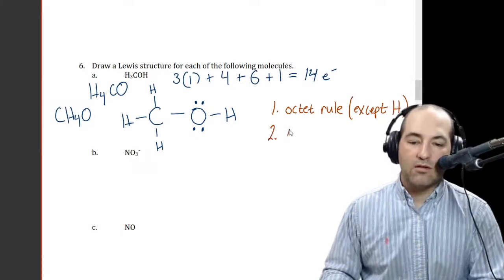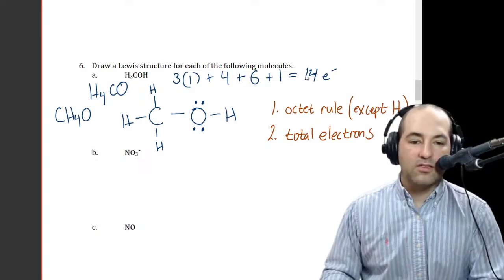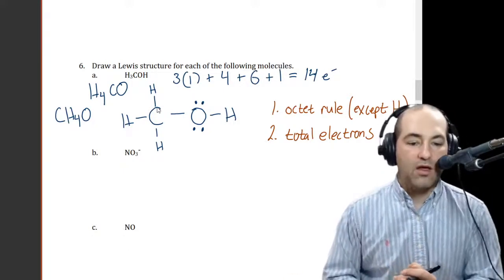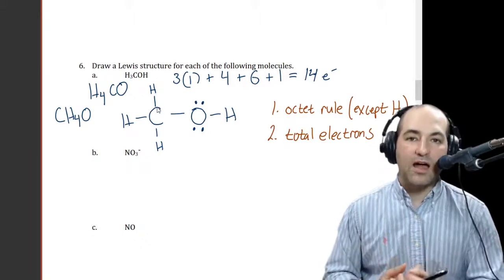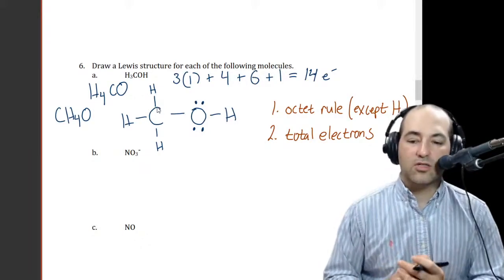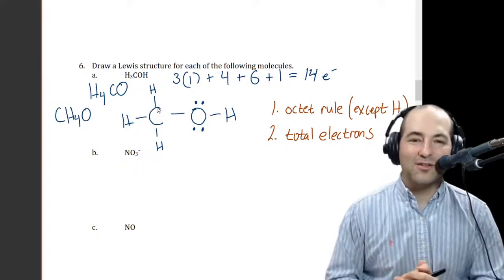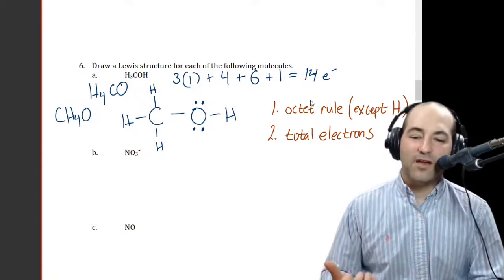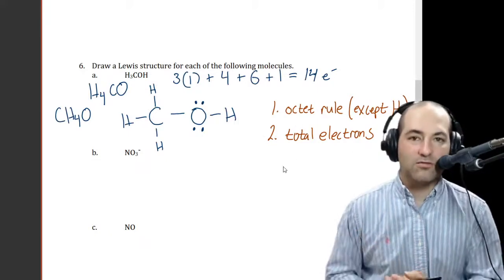And then secondly, look at your total number of electrons and make sure that it's equal to the actual number of valence electrons that those atoms bring in. If it fits those two things, then it works, even if it's not maybe the absolute correct structure, because atoms are atoms and molecules are molecules, and sometimes they get weird. But the best you can do at this point is if you can fit everything in the octet rule and you have the right number of total electrons, then your structure should work.